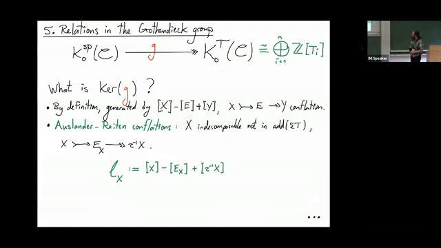For any indecomposable non-injective object, there's an Auslander-Reiten conflation starting in this object. That's a conflation, so it gives us a relation in the Grothendieck group. I'll call it L of X. L is for left, because X is on the left here. You could define R of X dually and obtain results written dually as well.